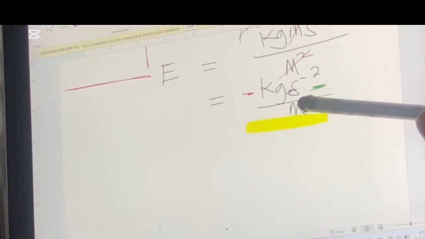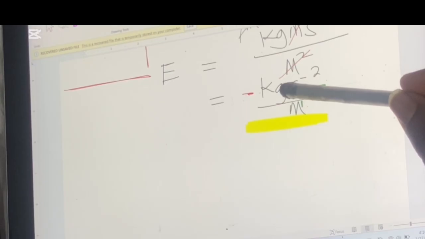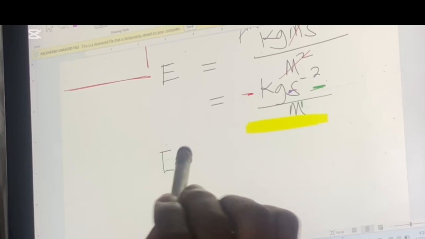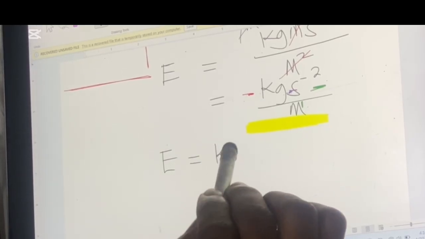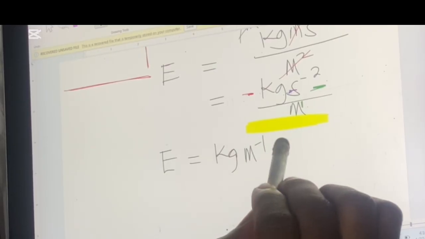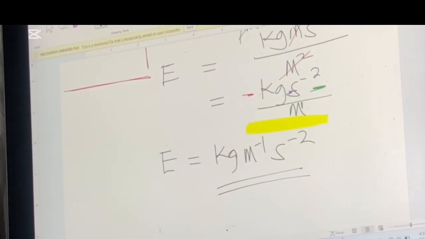So if I'm taking this meter raised to 1 to numerator, the sign will change. So it's going to be in the middle here because kg will come before meter, right? So the answer to this is going to be E equal to kg per meter per second square. So this is my answer here. Please take note. kg per meter per second square.